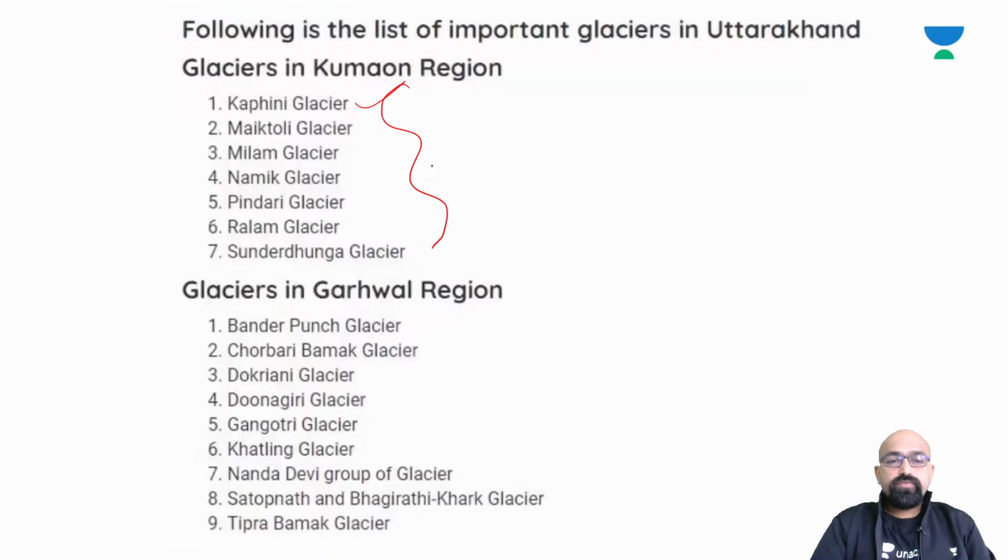And if we are talking about Garhwal region, there are Banderpanch, Chorbari Bamak, Dokriani, Dunagiri, Gangotri, Khatling, Nanda Devi group of glaciers, Satopanth and Bhagirathi Kharak glacier and Tipra Bamak glacier. So these are the glaciers in Garhwal region.